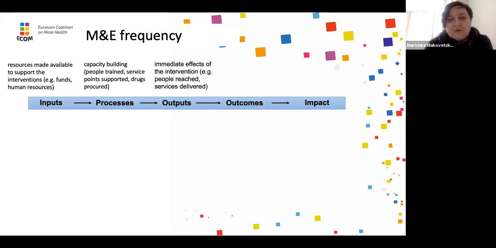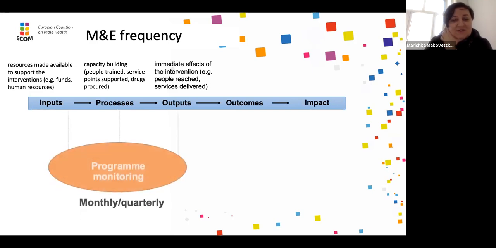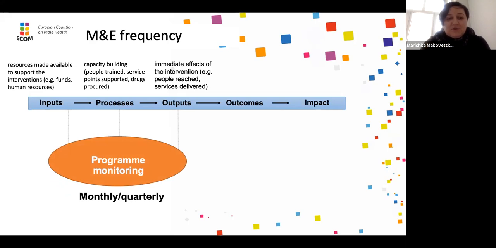At outputs level, you have immediate effects of your interventions. And of course, this is program monitoring, which is collected on a monthly and quarterly basis.